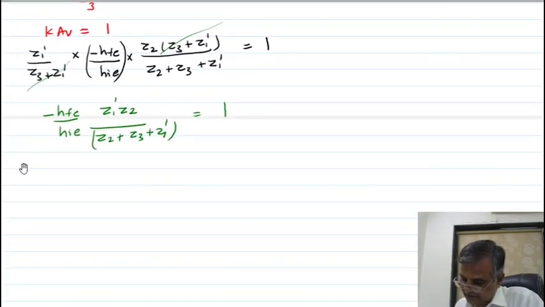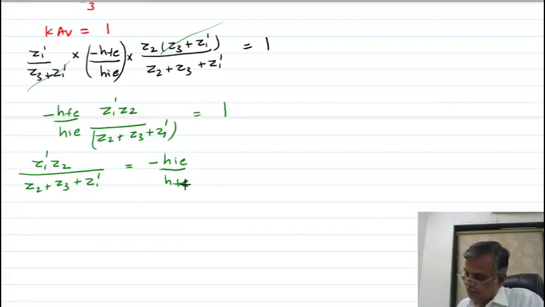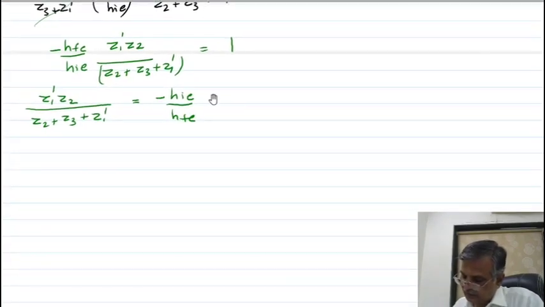So I can write Z1 dash Z2 upon Z2 plus Z3 plus Z1 dash should be minus hie upon hfe. Put this value here.